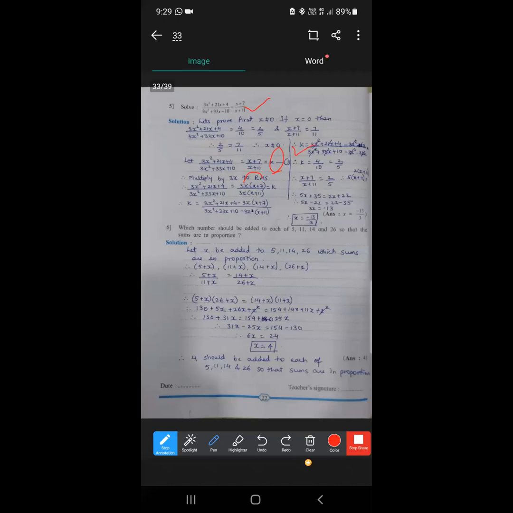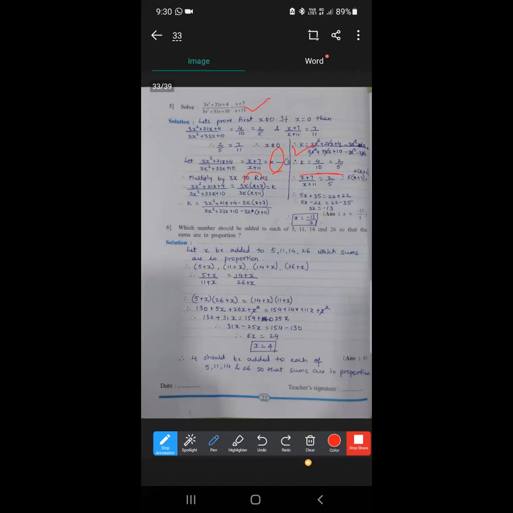Here in the numerator, 3x square and 21x both terms will get cancelled, and in the denominator again 3x square minus 3x square and plus 33x and minus 33x will get cancelled. So what remains, k is equal to 4 upon 10, which is equal to 2 upon 5.